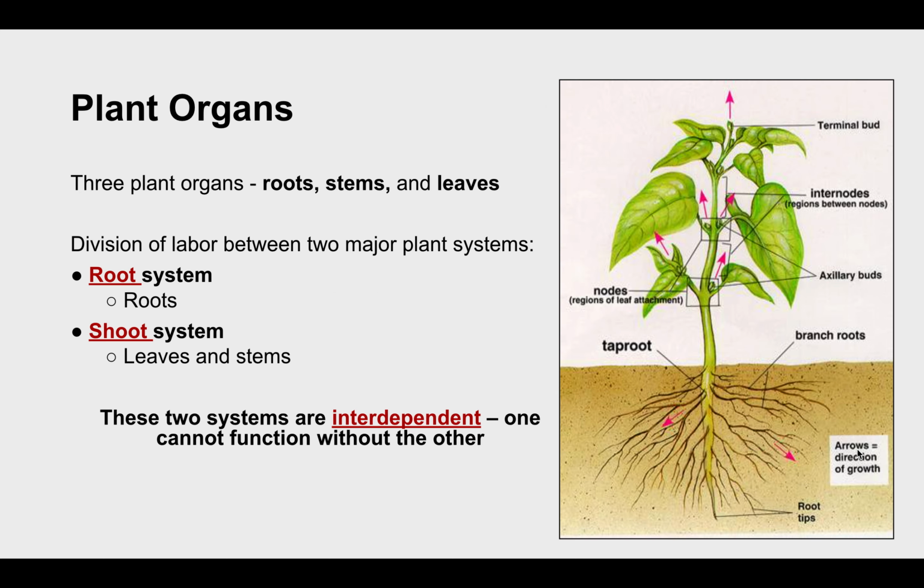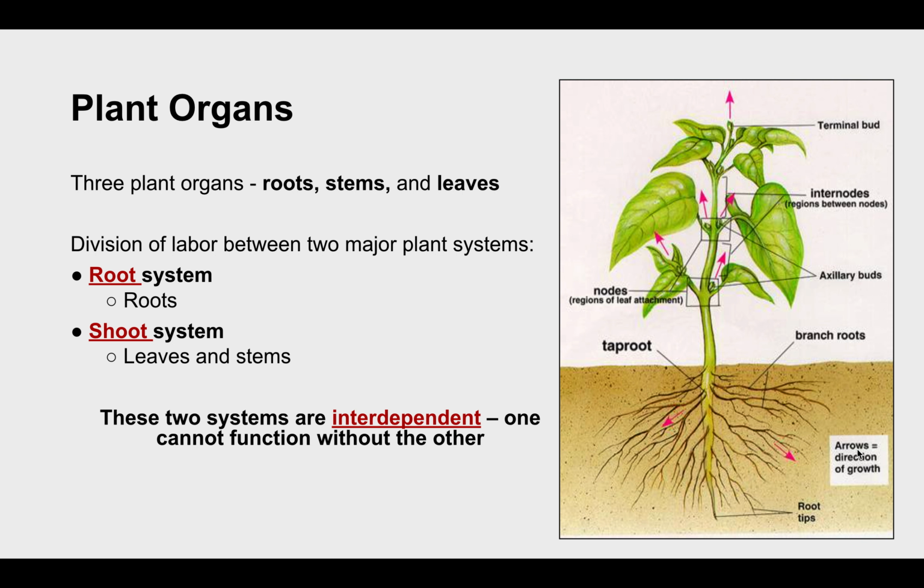So when we think about plant organs, like that video you watched, we have 3 plant organs. We have roots, we have stems, we have leaves. We can divide these organs into 2 different systems. So you could say we have the root system, which is composed of the roots, and we have the shoot system, which is composed of the leaves and the stems.